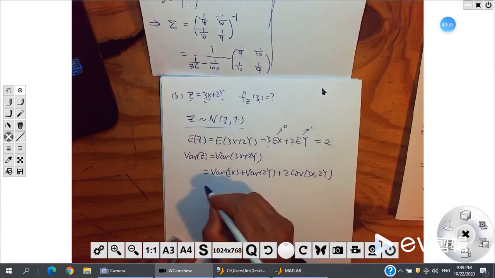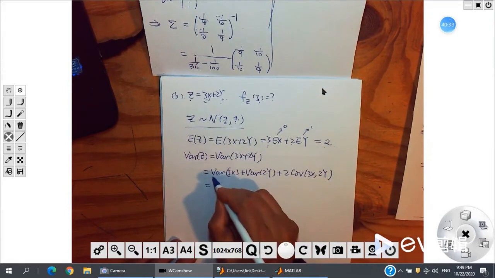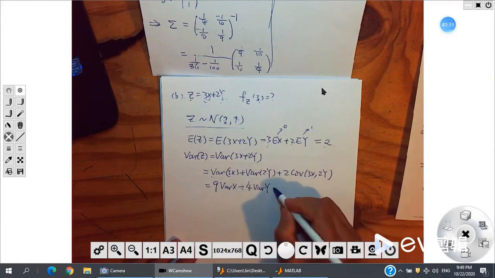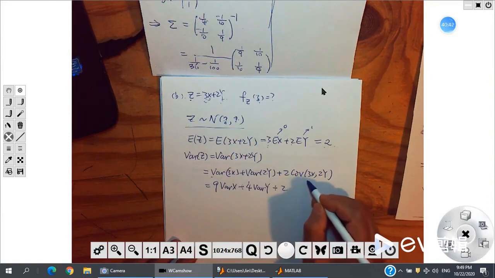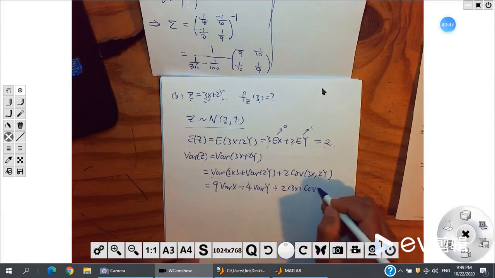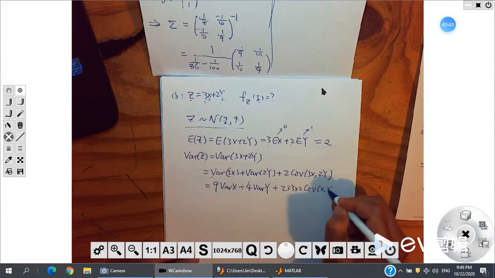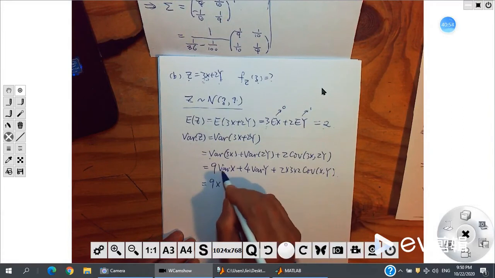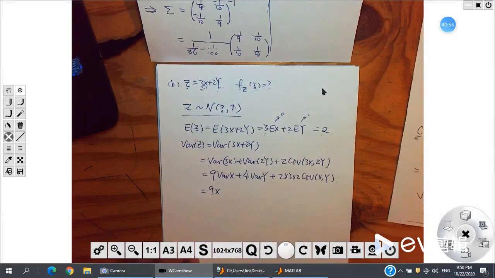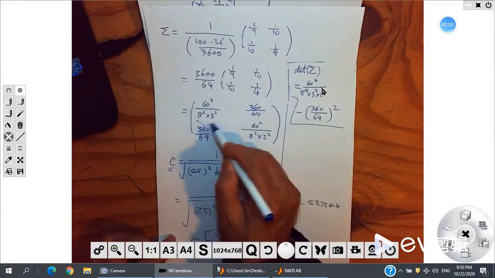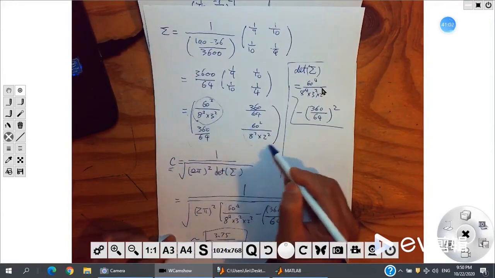So this is 9 times variance of x plus 4 times variance of y plus 2, okay, I move 3 and 2 to the front, times the covariance of x and y. So it's 9 times, what is the variance of x? Because I have this one. So this is the variance of x, and this is variance of y.